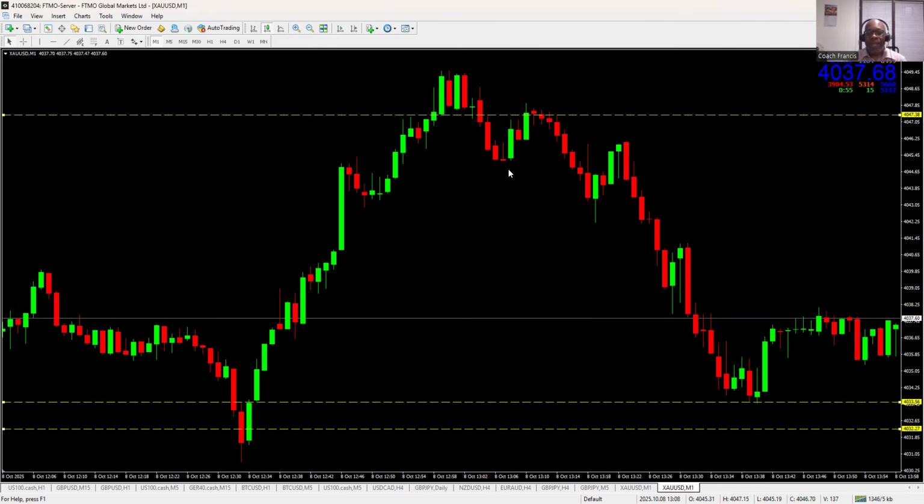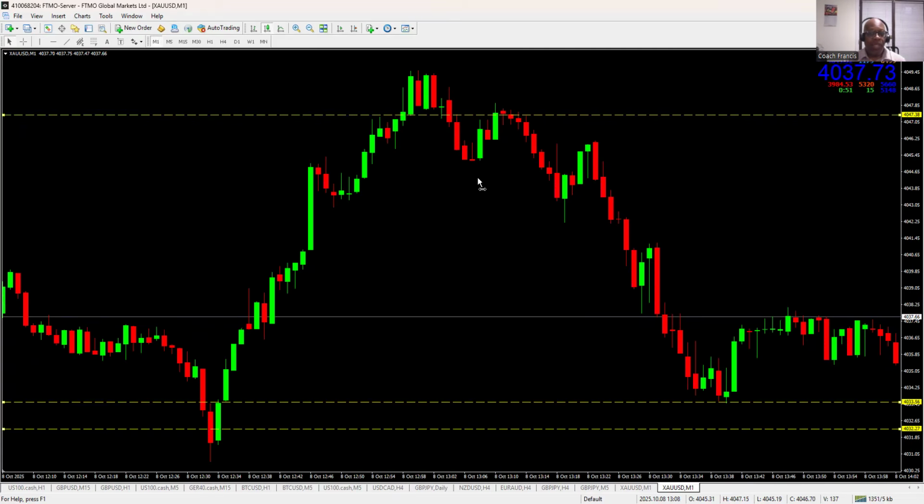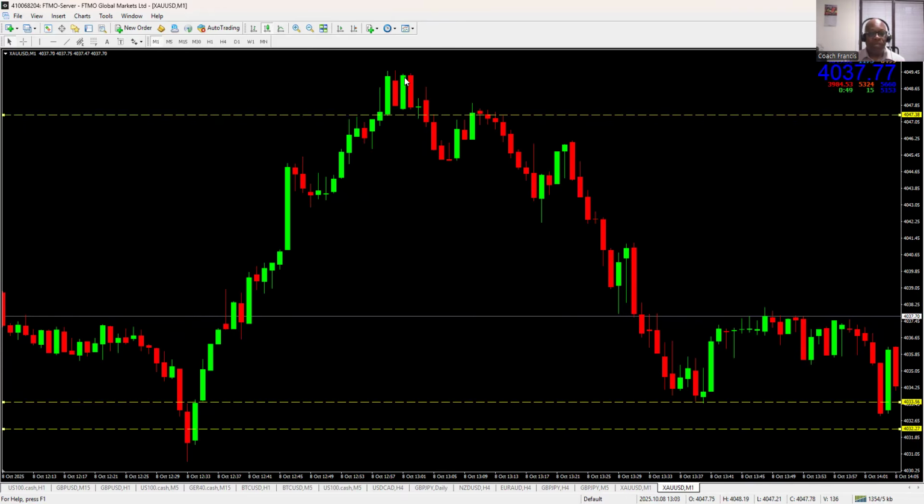How do you know a trend has developed? When do you know a trend has formed? When you have a high, a low, a lower high, a lower low. So we have two highs.